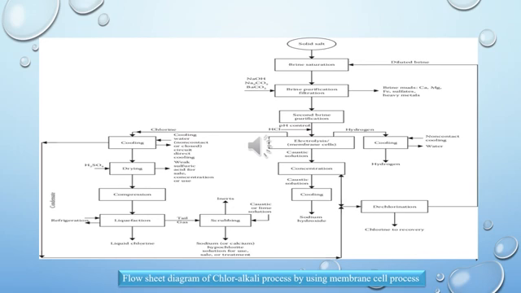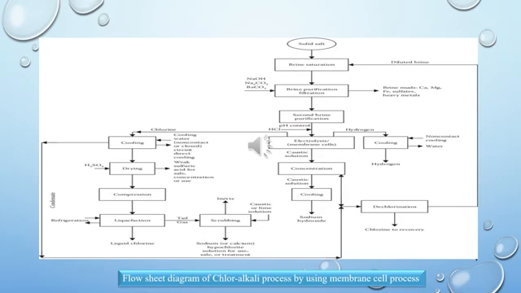In all of these cell processes, we have seen that there is the electrolysis of brine, then there is the production of sodium hydroxide, chlorine and hydrogen.